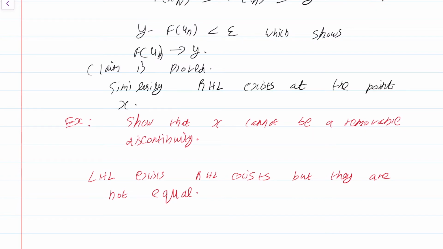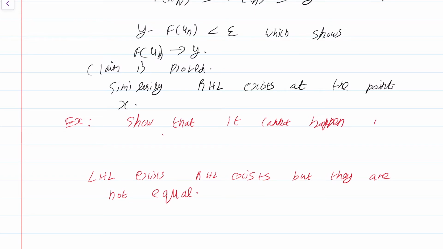So since the right-hand limit and the left-hand limit exist, in fact, let me just rephrase this exercise in a slightly more palatable form. Show that it cannot happen that the right-hand limit is equal to the left-hand limit.